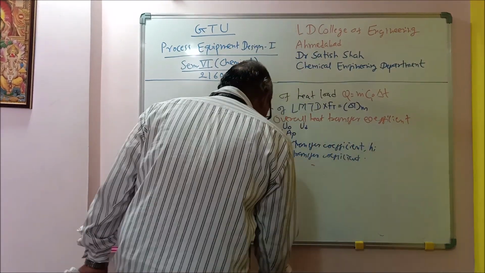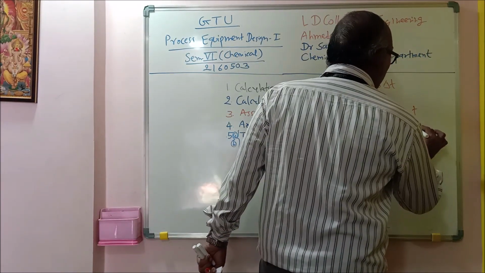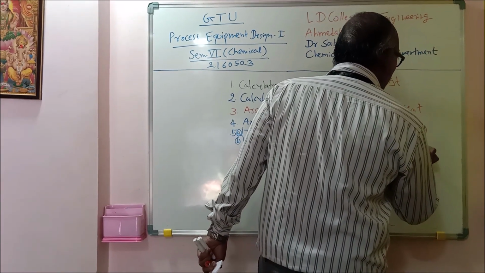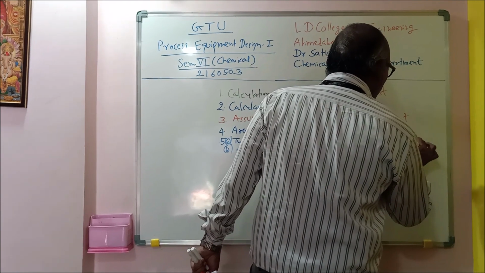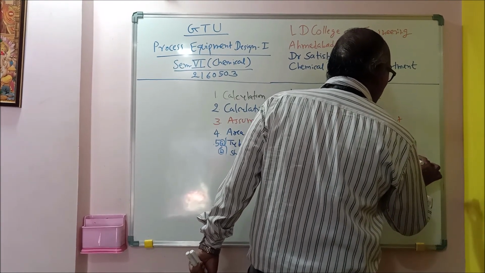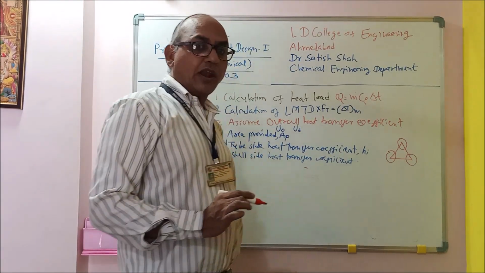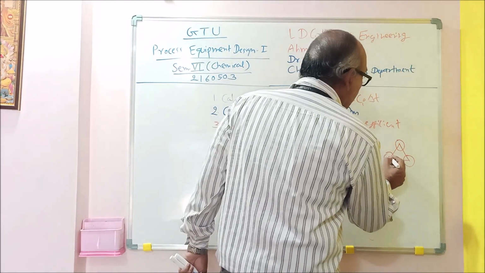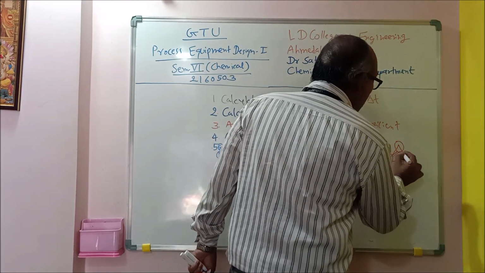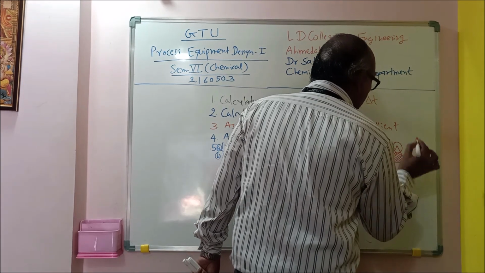So it will be like this. This is the 1st, 2nd and 3rd tubes, and if you join the centers, it will be exactly an equilateral triangle. This angle is 60 degrees, and the flow area available will be something like this.